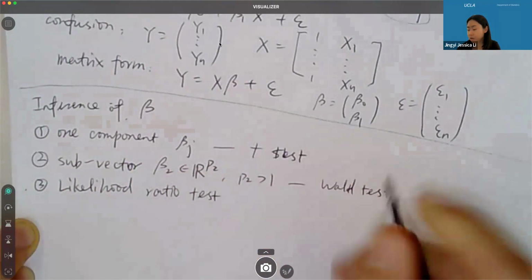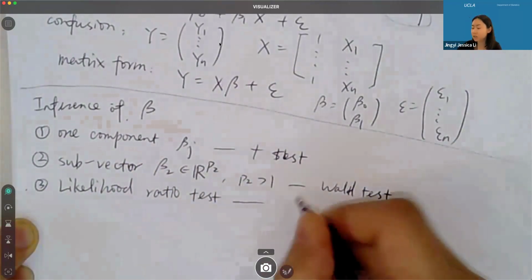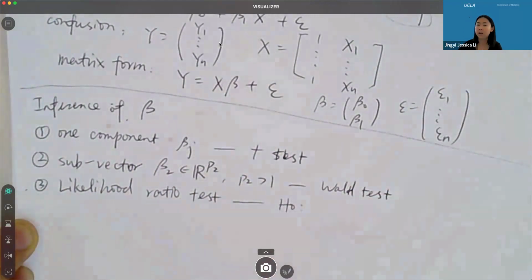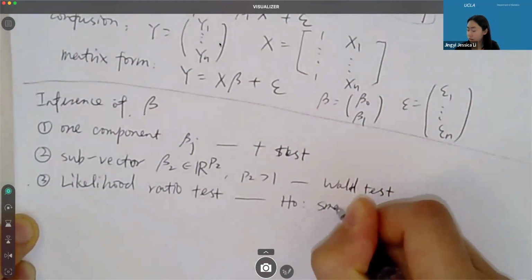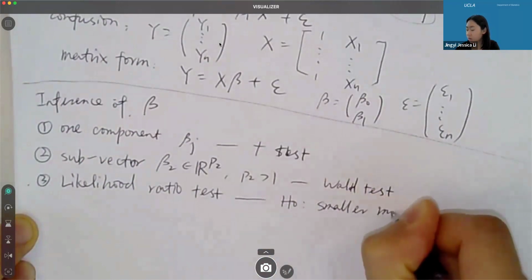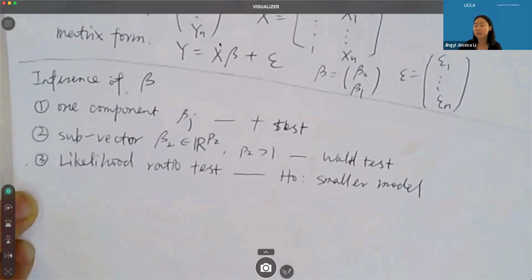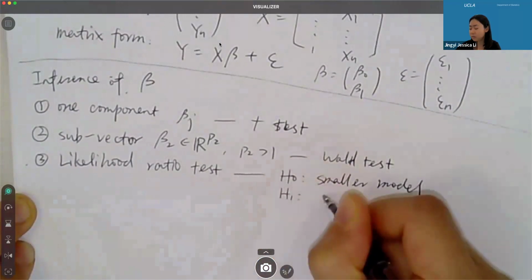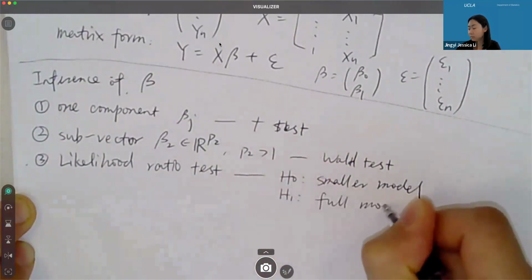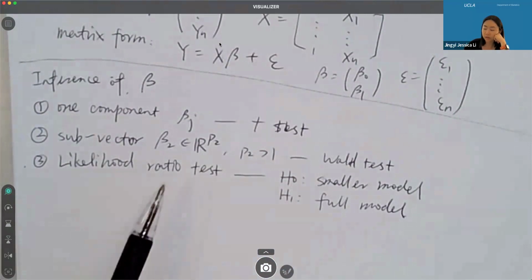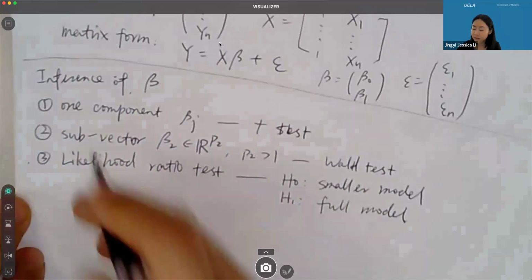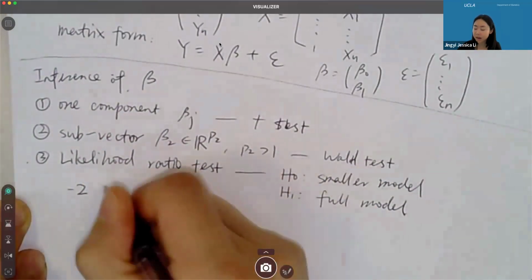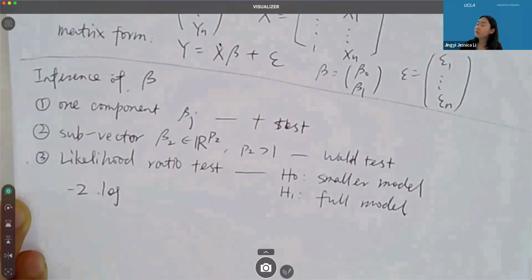And in the likelihood ratio test, we are comparing H0, which is a constrained model, and maybe we can just say loosely a smaller model where you have fewer parameters to estimate, versus H1, which is the full model. The test statistic is -2 times the log of the likelihood ratio.